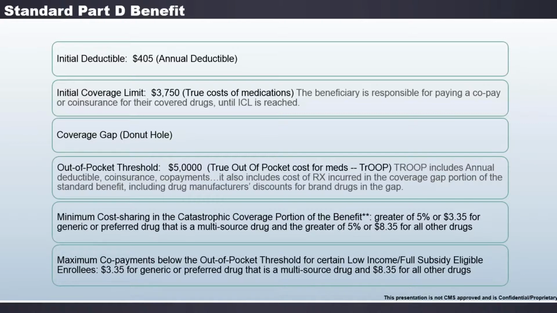And then the maximum copayments below the out-of-pocket threshold for certain low-income or full subsidy eligibility enrollees: $3.35 for generic or preferred drugs. It would be $8.35 for all other drugs. So in 2018, there will be a 56% plan benefit.